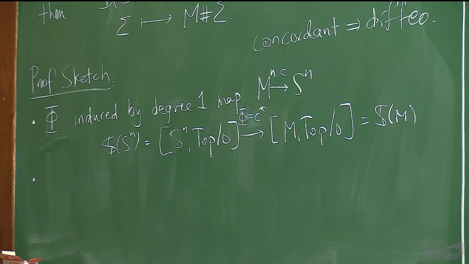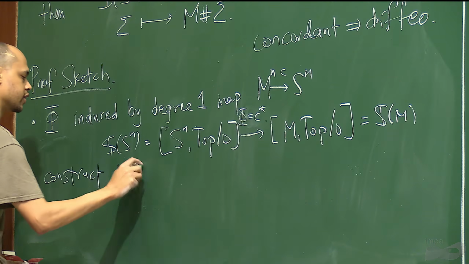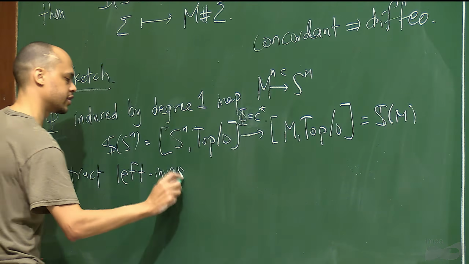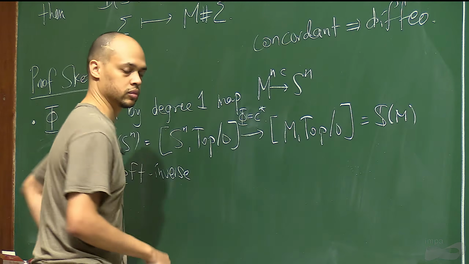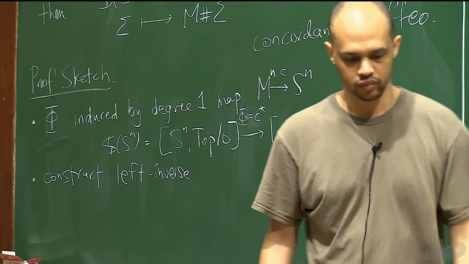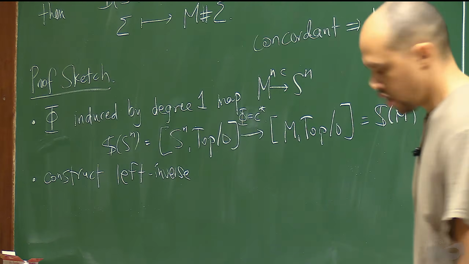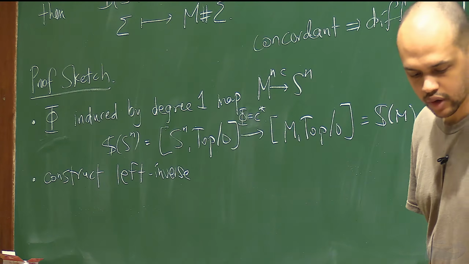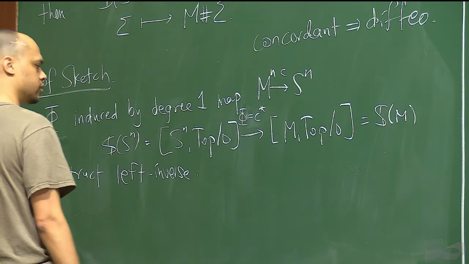Yes, so the proof is going to go through this fundamental theorem of smoothing theory. What we want to do is construct a left inverse. We want to show the map is injective, so we want to map in the other direction. It's not so hard to do that. Let me explain how you get such a thing.